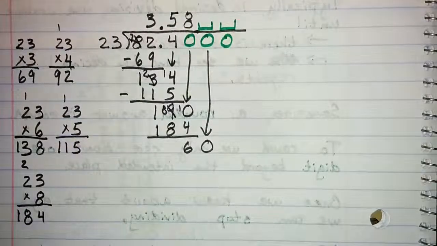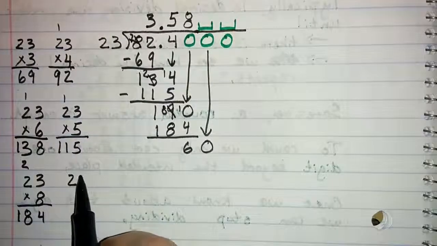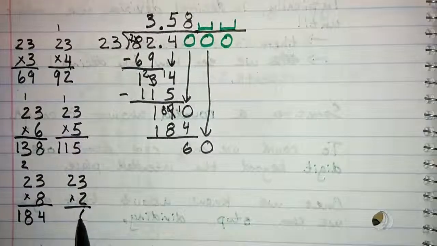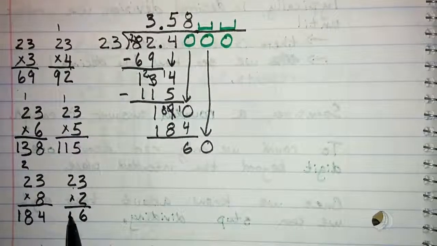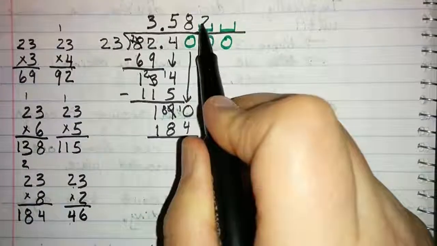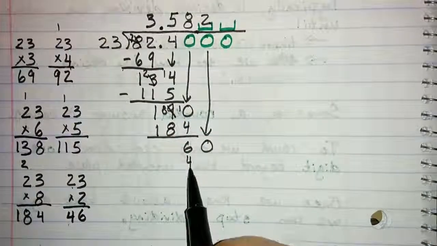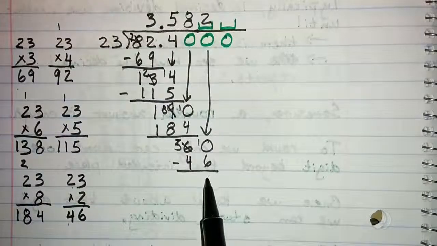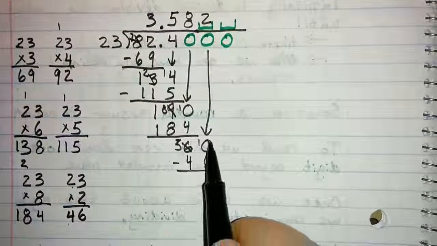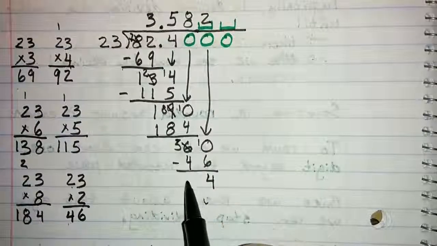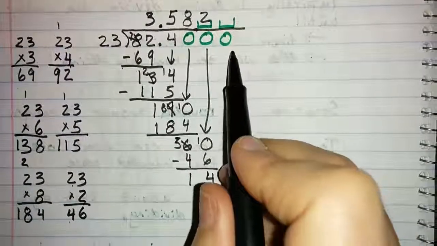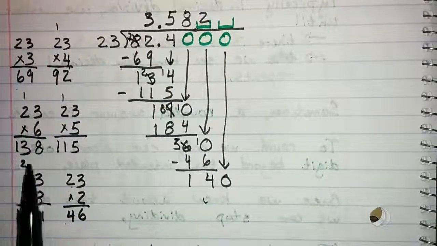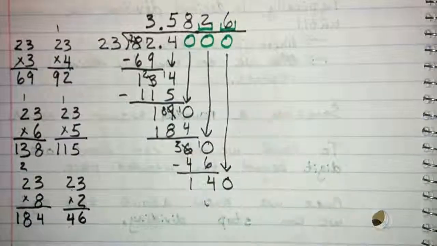I see 3 is going to be too big, so must be 2. 23 times 2. 2 times 3 is 6. 2 times 2 is 4. So 2 times 23 is 46. Subtracting, 10 minus 6 is 4. 5 minus 4 is 1. 23 must go into 146 times.